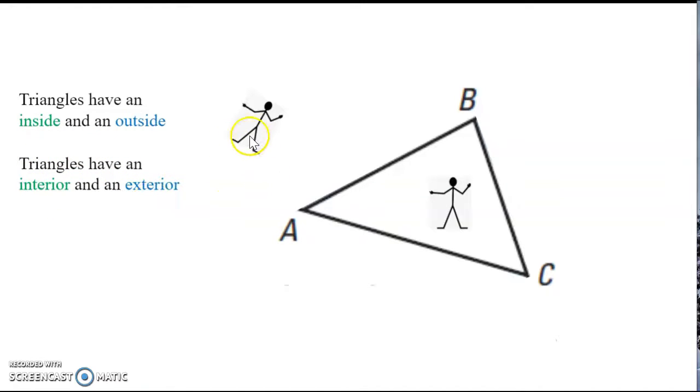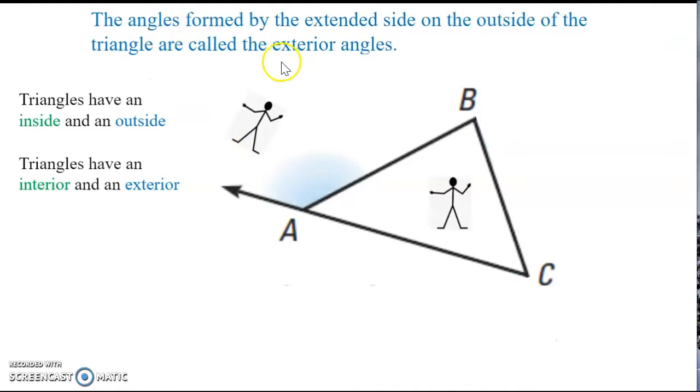Okay, so you can think of this person as inside the triangle, so he is interior, whereas this person is exterior. An angle formed by extending a side to the outside of the triangle is called an exterior angle. If I extend any of the sides out like this, then this angle formed, the blue shaded area, is called an exterior angle.